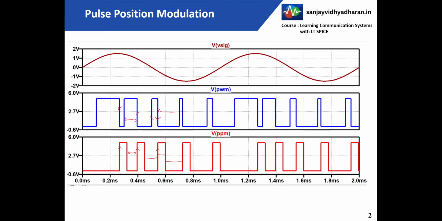So this distance is proportional to the message signal, and hence this distance also is proportional to the message signal. The difference is that the pulse width remains constant, and the distance between the pulses is proportional to the message signal. So that's the difference between a PWM and a PPM.